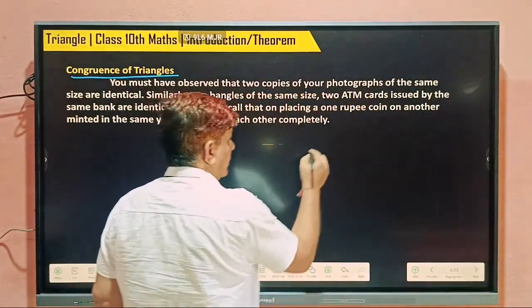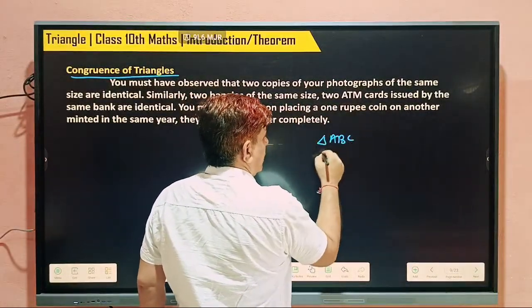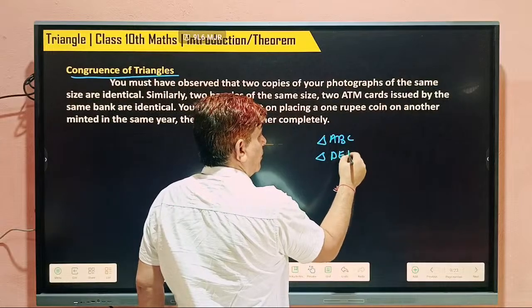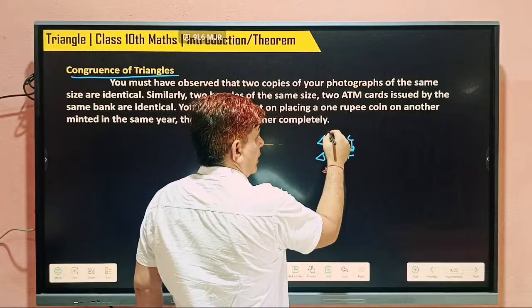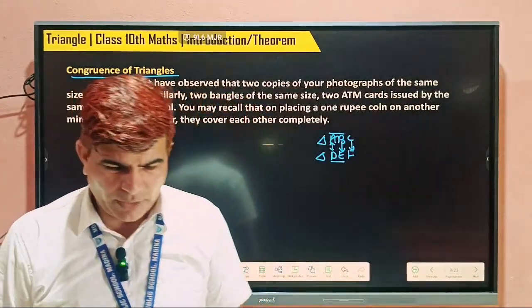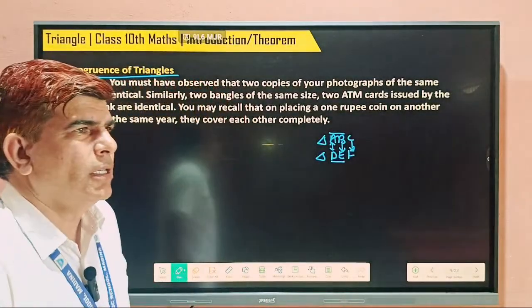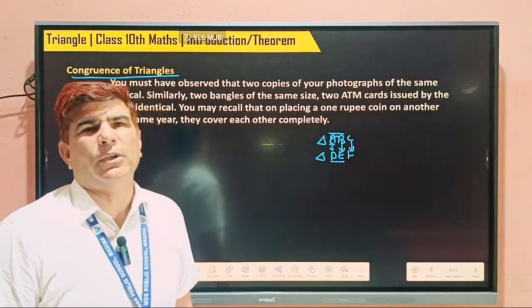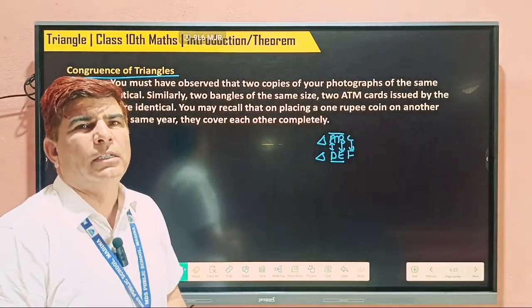If I have written triangle ABC, and I'm talking about triangle DEF, its corresponding parts are these, AB, DE. So in this way we need CPCT. If we can prove this, then 2 triangles are congruent. Otherwise, it may or it may not. We cannot say 100% that two triangles are congruent.